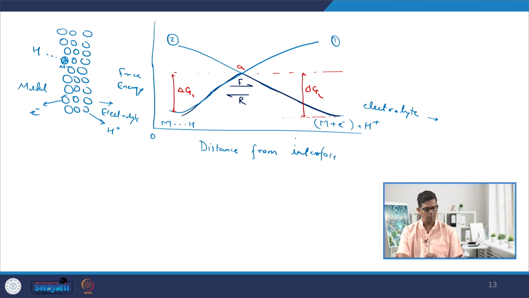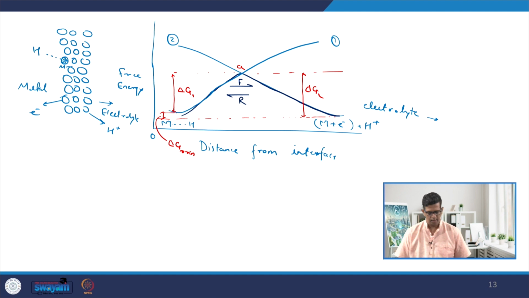And if I want the reverse reaction possible, that is a reduction of hydrogen, that is 2 moles of electrons plus 2 moles of protons converting into H2, I need to cross this delta G2, that is the reaction barrier for the reverse reaction. And what is the reaction barrier of the complete reaction? This is the reaction barrier, that is delta G.